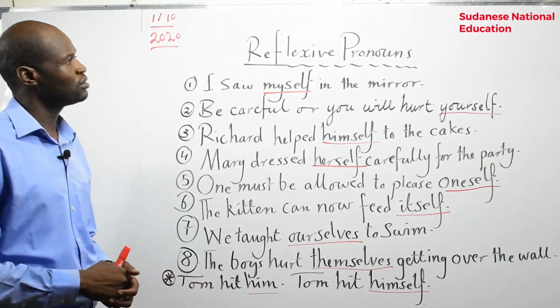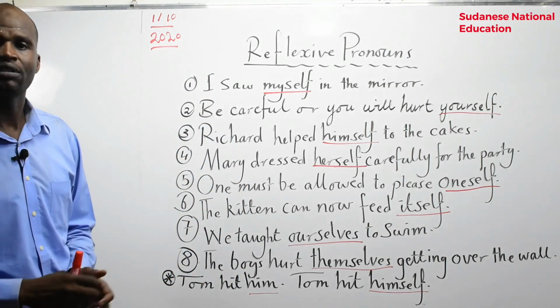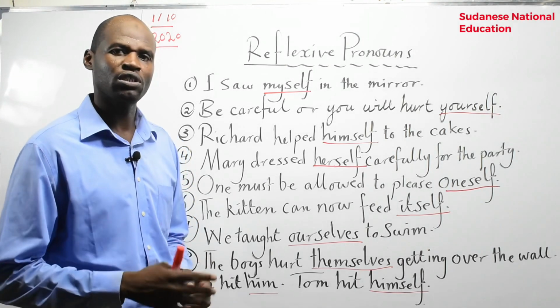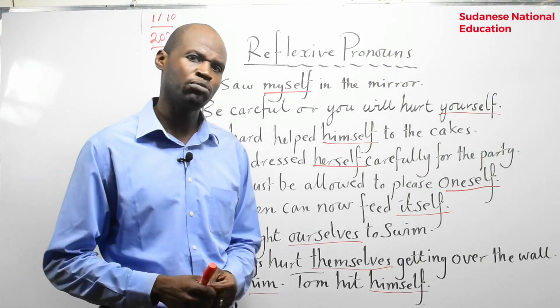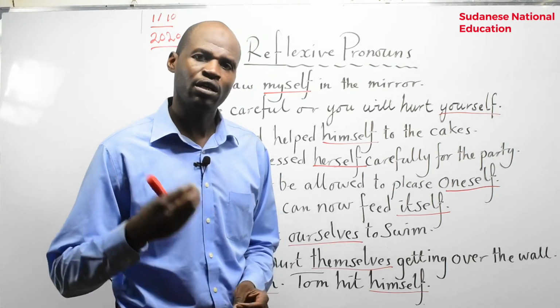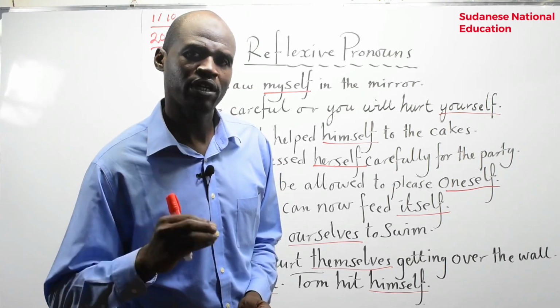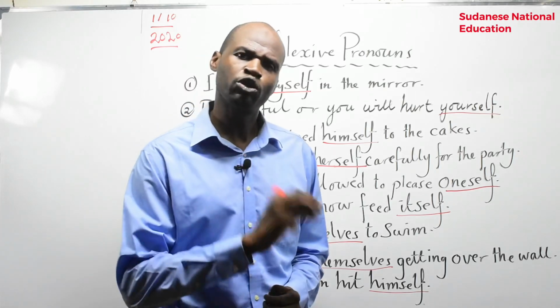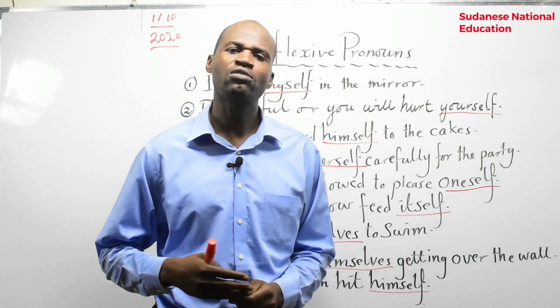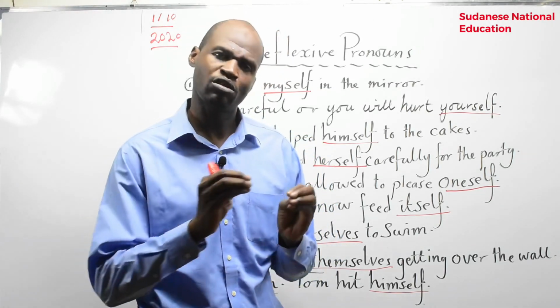I will start teaching the first lesson in Grammar 3, and the first lesson talks about pronouns. But before that, in Brighter Grammar 1, we talked about pronouns, and we defined pronouns as words that stand instead of nouns.